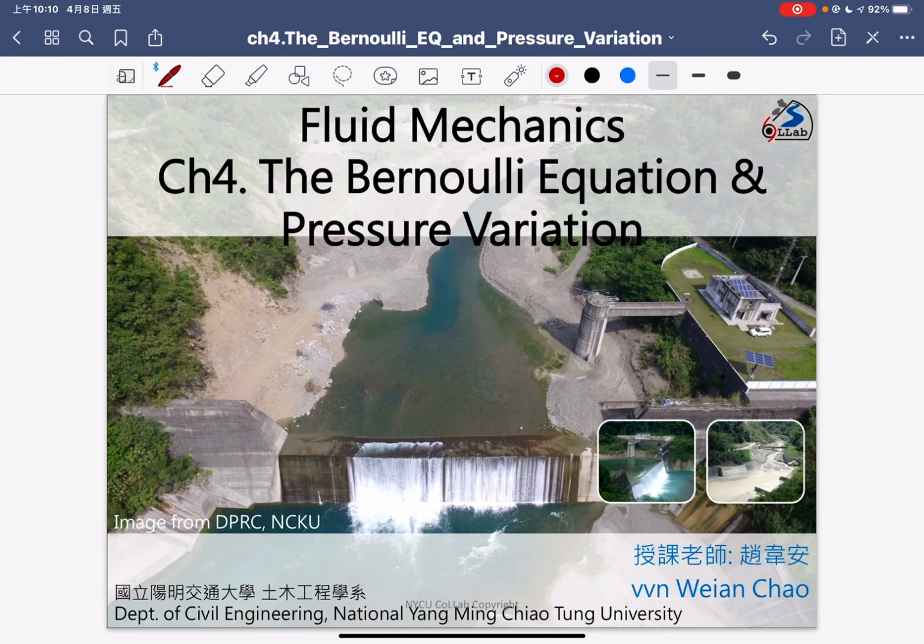Okay, so today we are going to have chapter 4. As I taught in the previous chapter, we only considered the conditions for hydrostatics. But starting from this chapter, we move to the kinematic problems for the fluid.